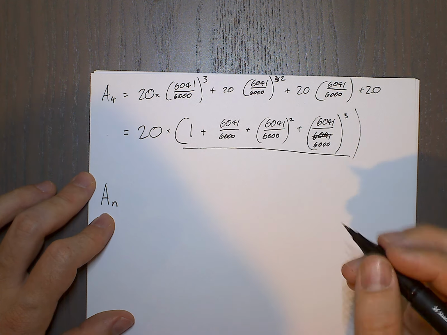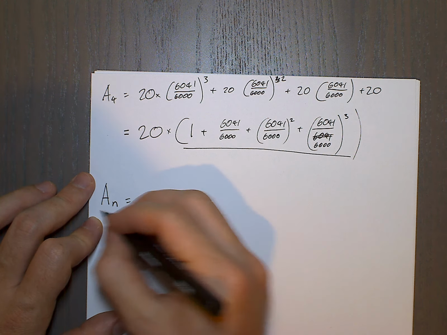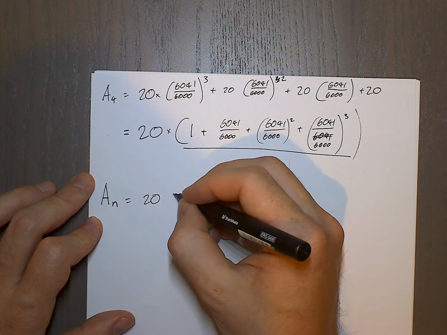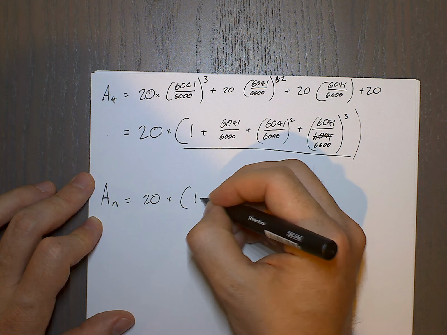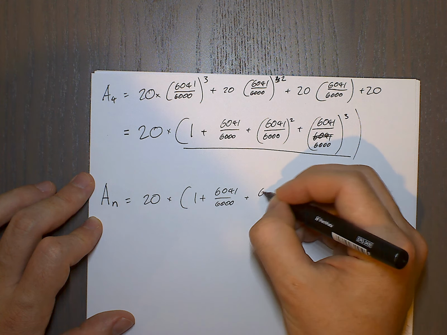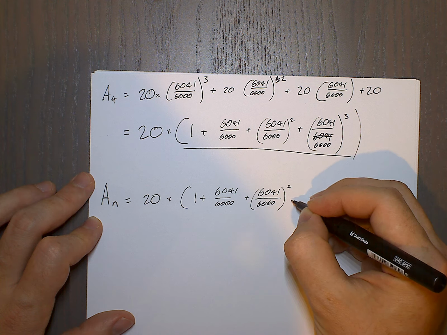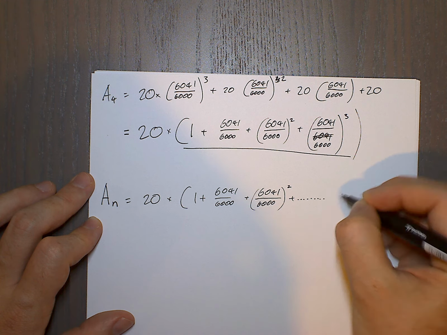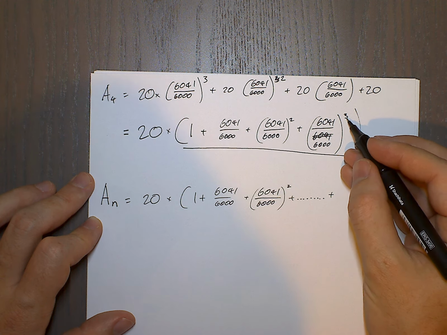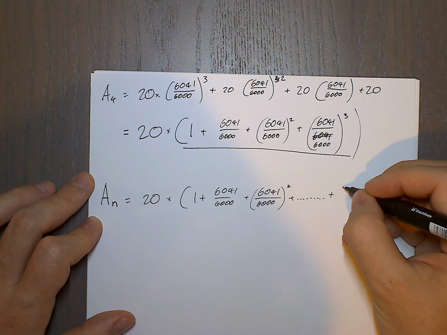So let's just break this down. If we were to do it to any number that we wanted, any period, or 1,000 months, we can write this as 20 times 1 plus 6041 over 6,000, plus 6041 over 6,000 to the power of 2, and we would go plus, and this would keep going until we reached, and remember, the power is always 1 less than the number of periods that we're looking at.